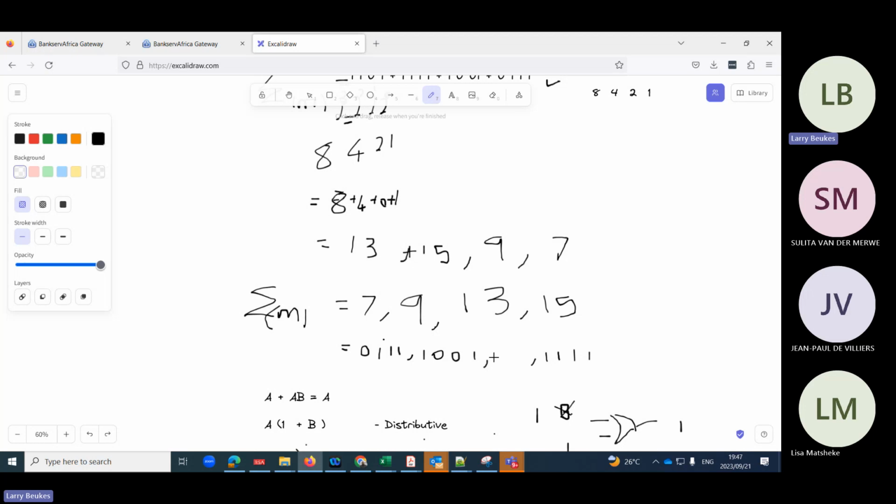For 13 we need an 8, then we need a 4, which is a 12. This 2 we make a 0, then the 1 we make a 1.